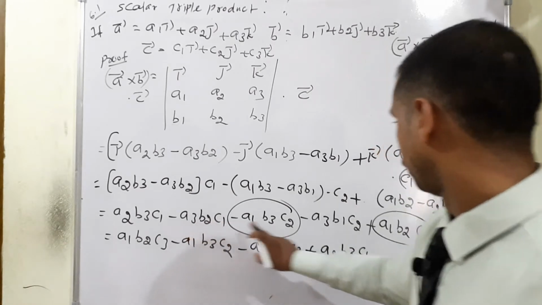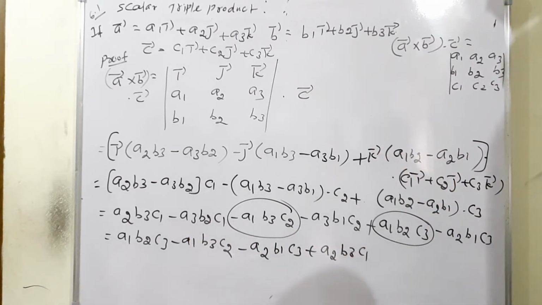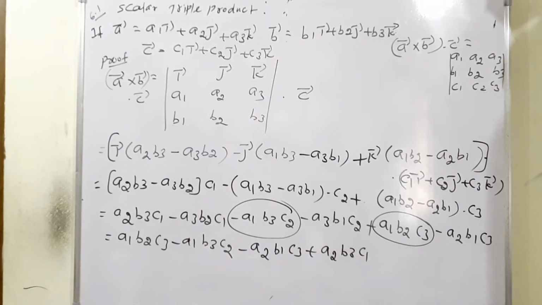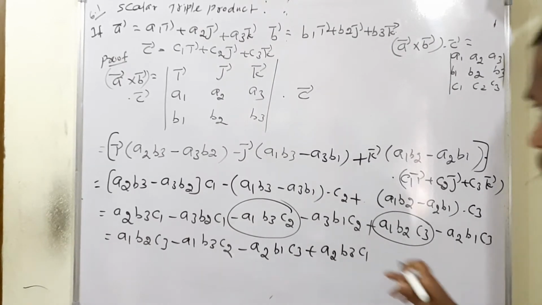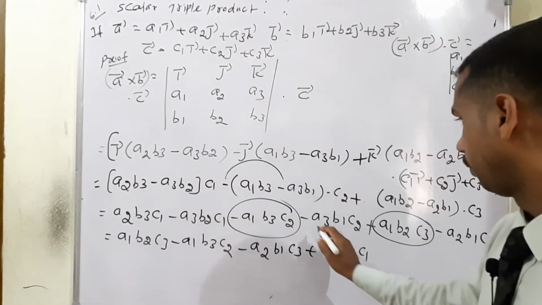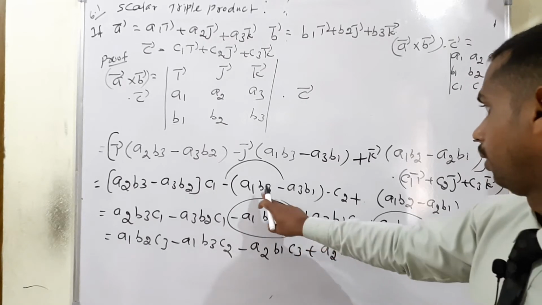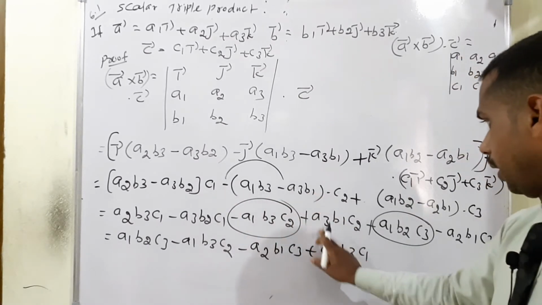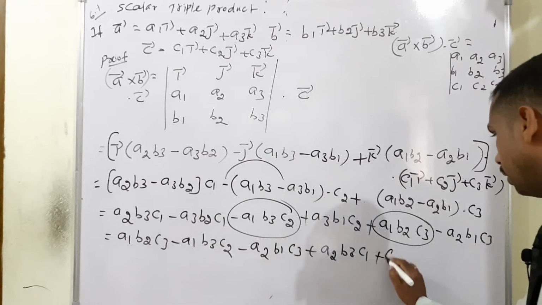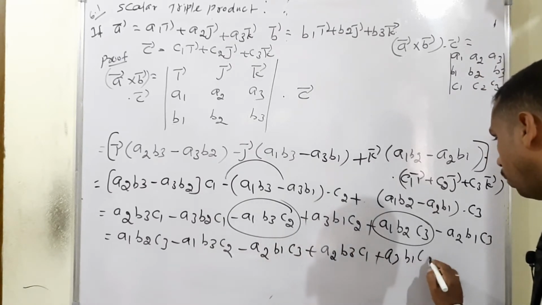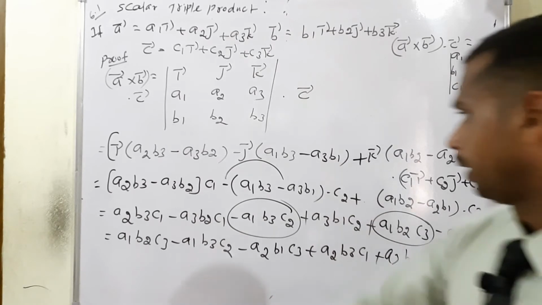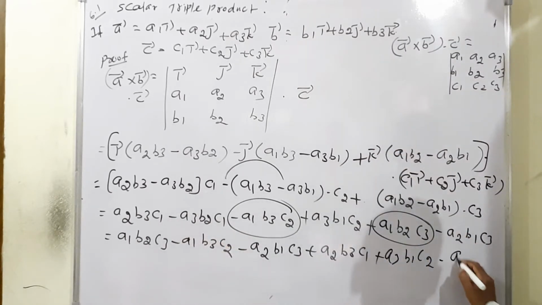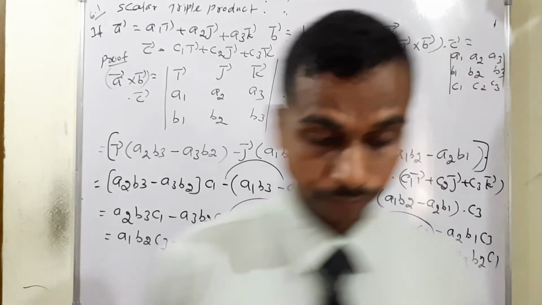So A3 here also is there, isn't it? Listen my dear, there is one mistake, now minus into minus, there will be plus. Then only plus A3 B1 C2. So plus A3 B1 C2, then minus A3 B2 C1. Now look at there.